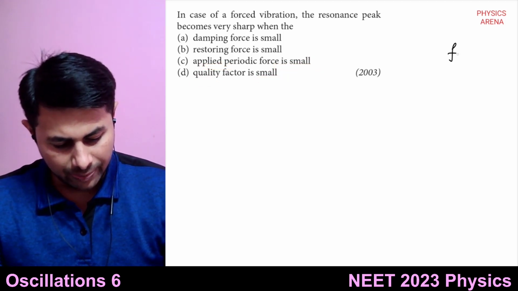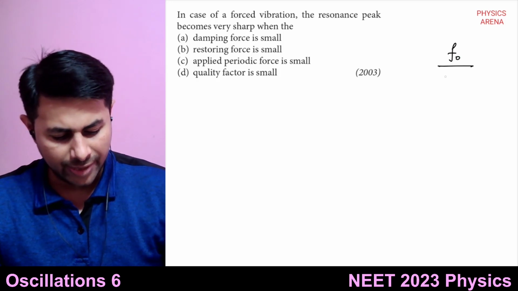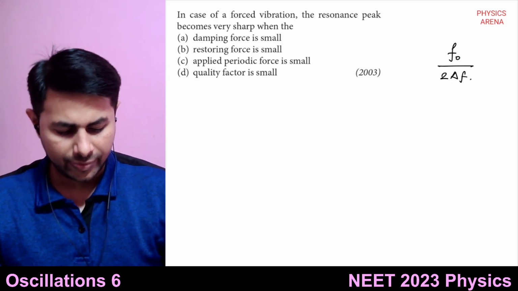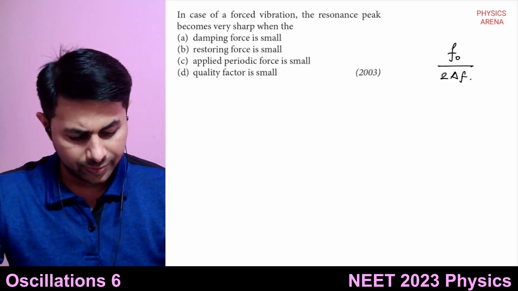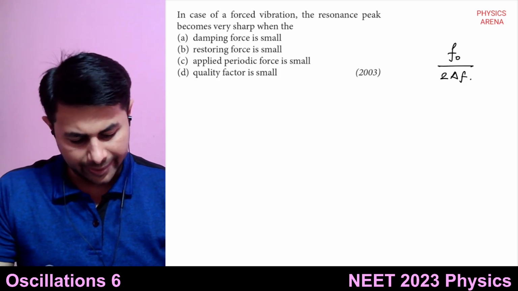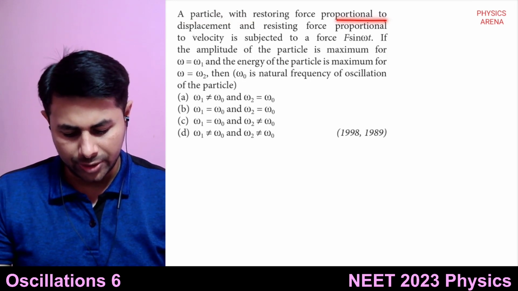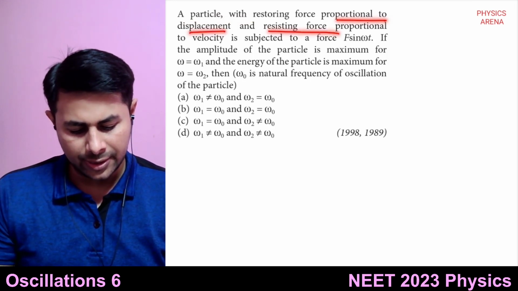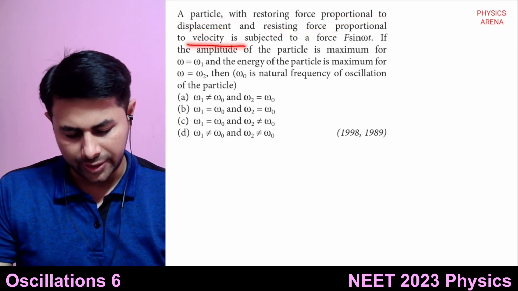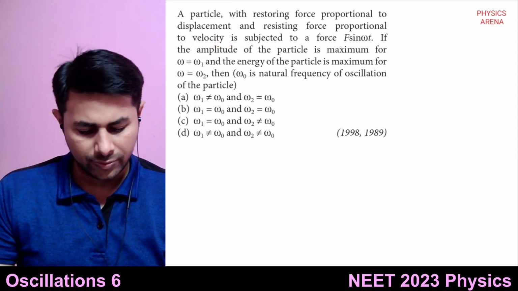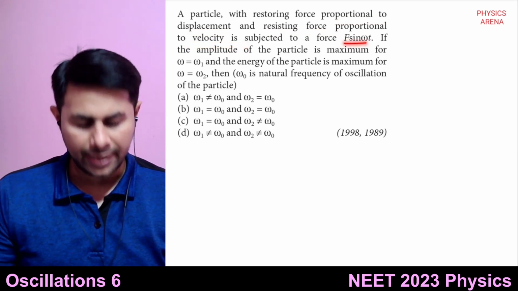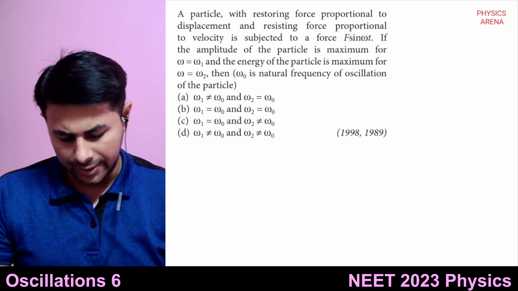Actually, it is F naught divided by 2 times delta F. What is delta F?